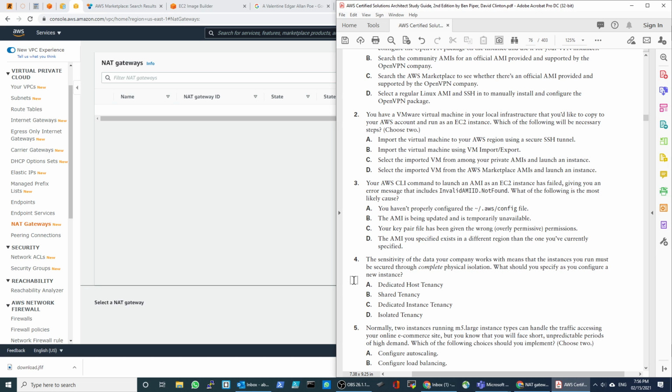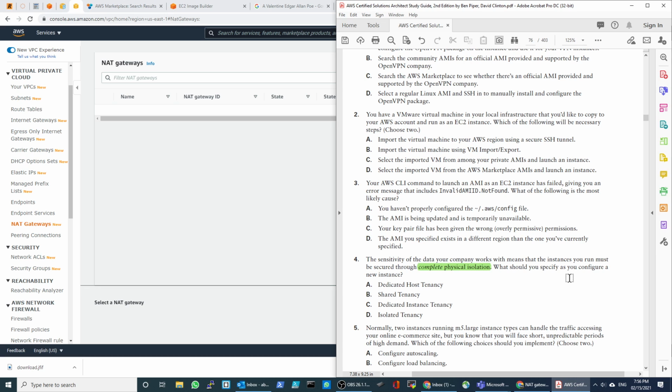The sensitivity of the data your company works with means that the instance you run must be secured through complete physical isolation. So that's the key, complete physical isolation. That means it's not a shared tenant, right? It can't be a shared tenant, right?